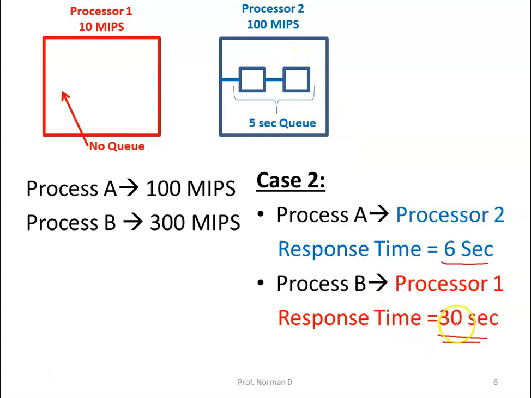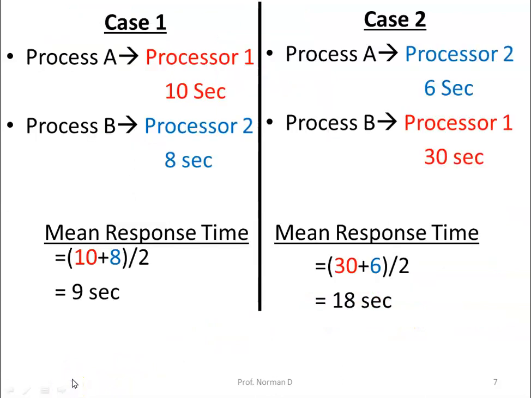Now let's compare both the cases, case 1 and case 2. In case 1, we are executing process A on processor 1, which gives us a response time of 10 seconds, and process B on processor 2, which gives us a response time of 8 seconds.